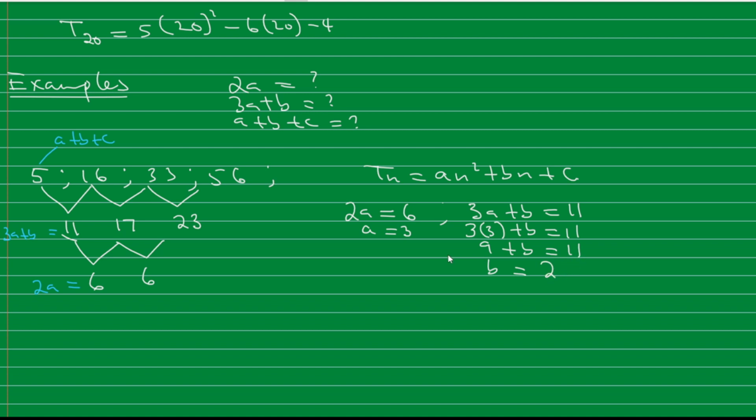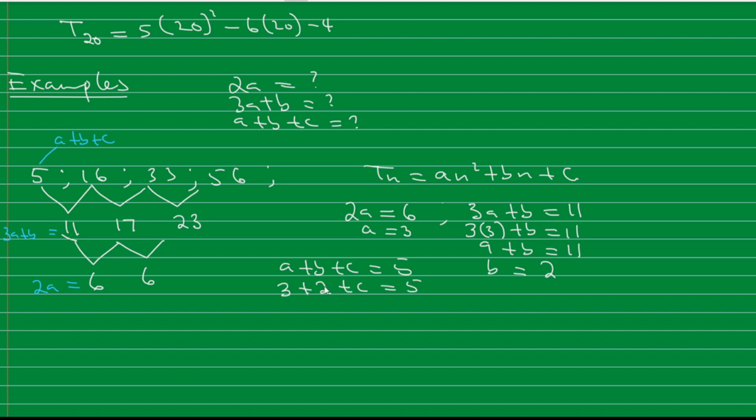And then I go on to the third one, A plus B plus C. A plus B plus C is 5, this first term. So that will be A, which is 3, plus B, which is 2, plus C is equal to 5.